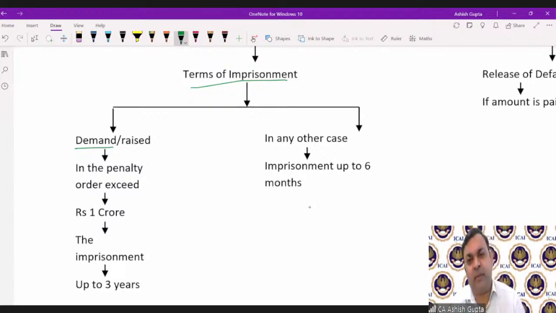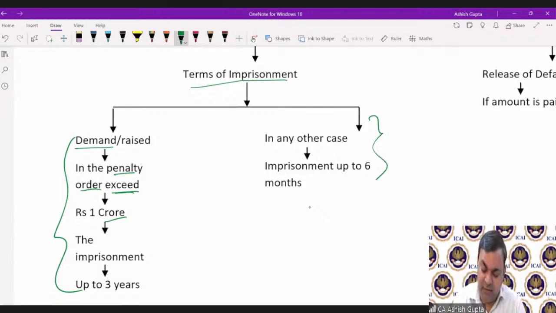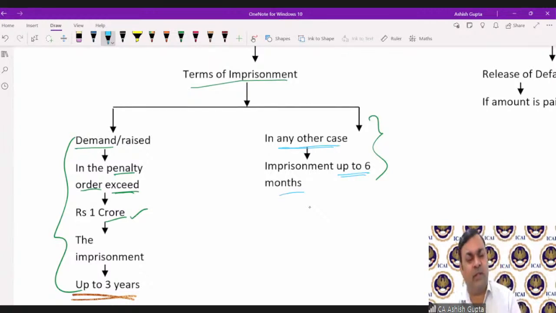If there is a demand raised in the penalty order exceeding 1 crore, you need to remember that point. If the amount exceeds 1 crore, then imprisonment is up to 3 years. And in any other case, imprisonment is up to 6 months. This is the point.